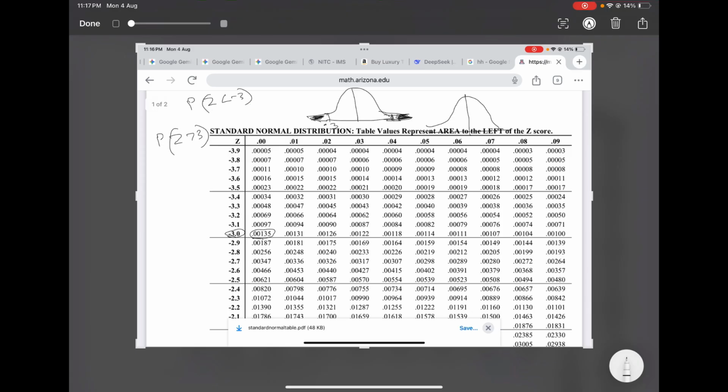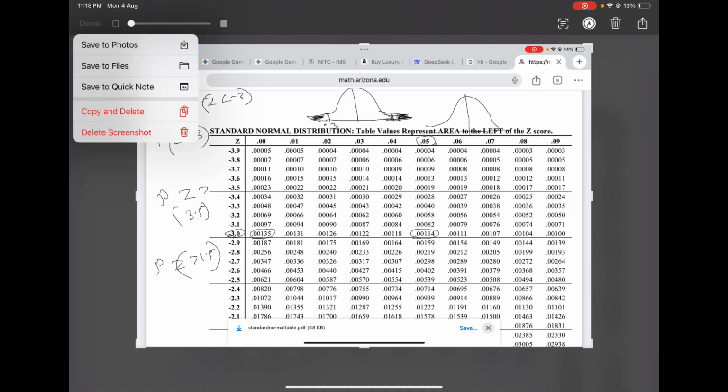For example, if you want to find P of Z greater than 3.5, you will look here. It corresponds to 3.5, it is 0.00114.